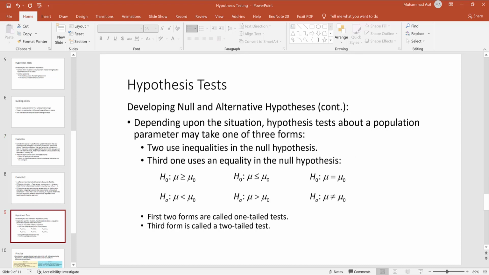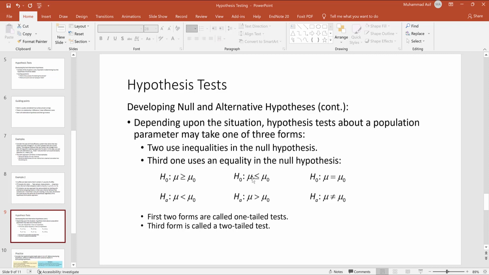In any case, developing null and alternative hypotheses can take the following forms. The first one is in which it's assumed that the null hypothesis is mu is greater than mu sub 0, and the alternative would be exactly the opposite, which would say that mu is less than mu sub 0. The second type would be where this inequality sign is in the opposite direction.